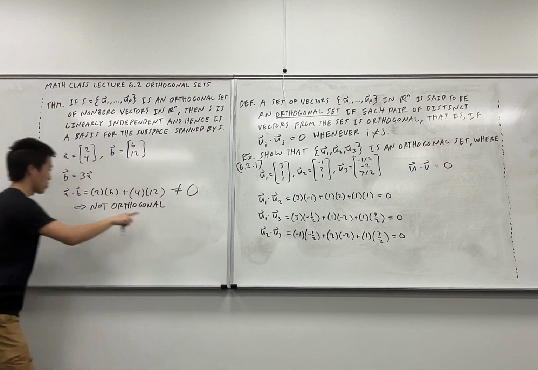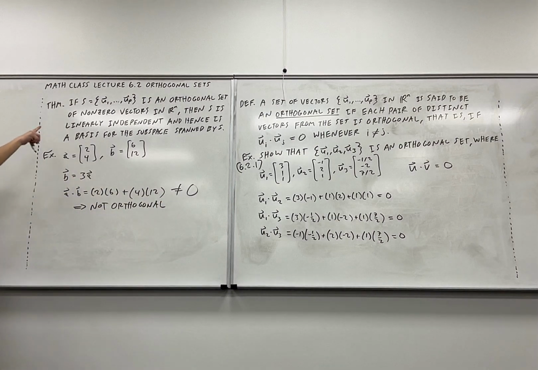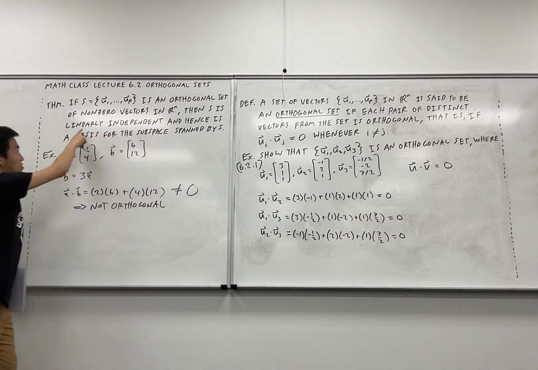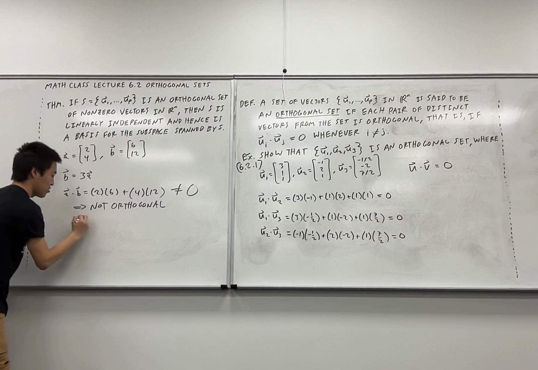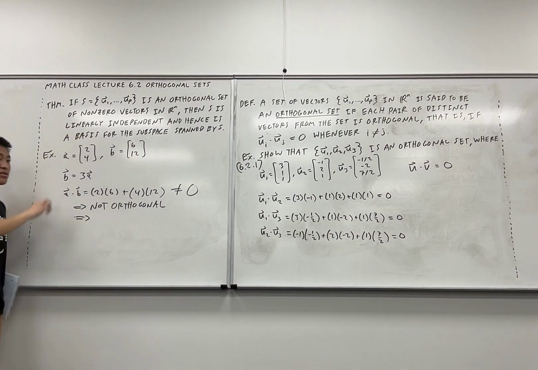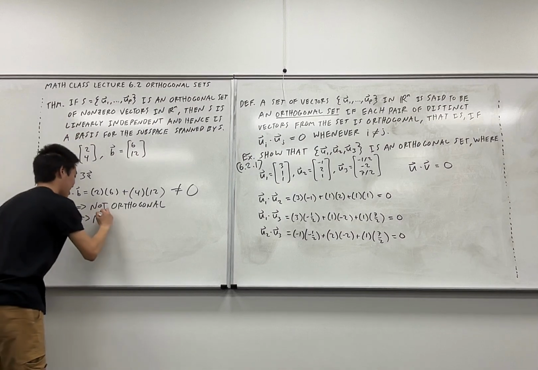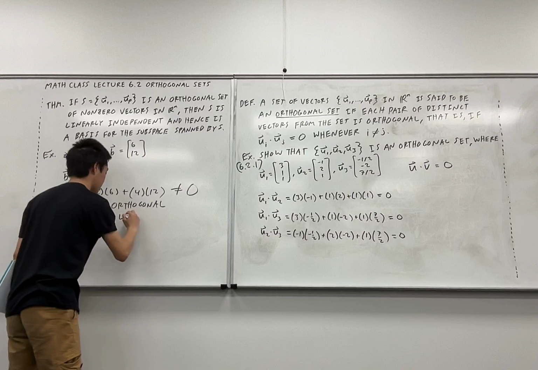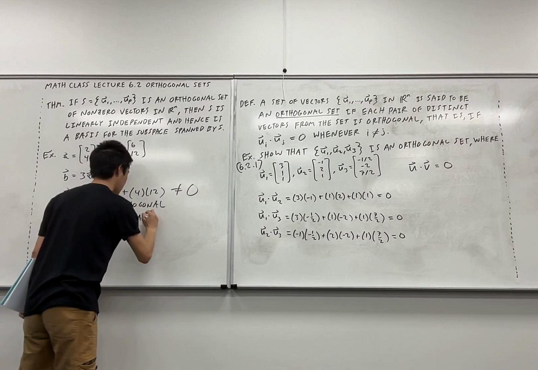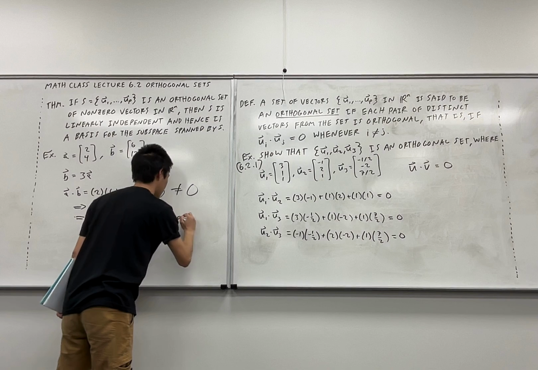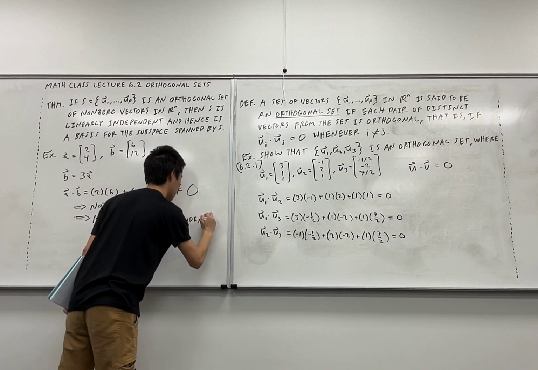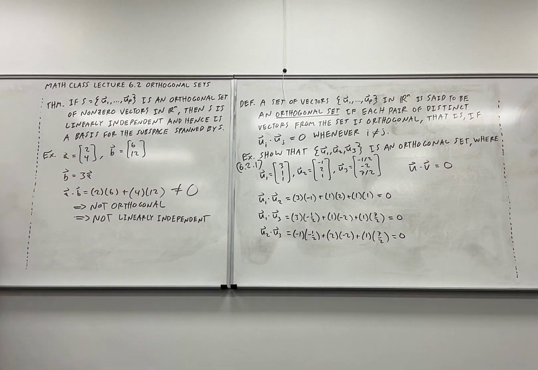And if they are not orthogonal, according to this theorem, I need an orthogonal set in order to be linearly independent. So I'm failing to satisfy orthogonal set, so therefore I will fail to be linearly independent. So not linearly independent. Does that make sense now? Cool.